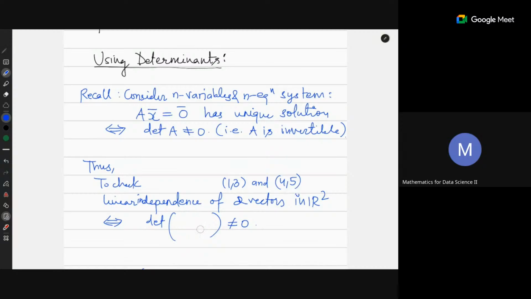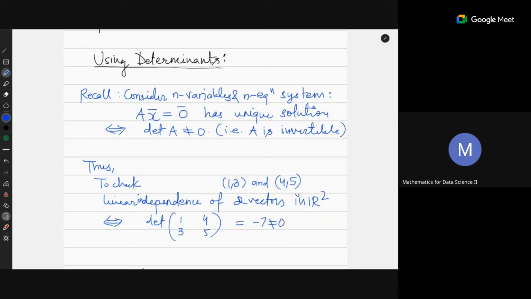So you just need to write down these vectors as columns. Now you check the determinant of this, which is -7, which is non-zero.